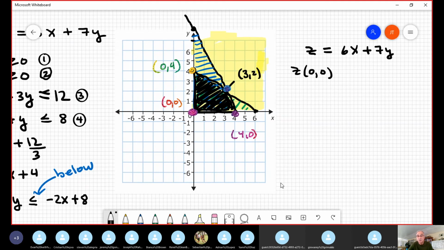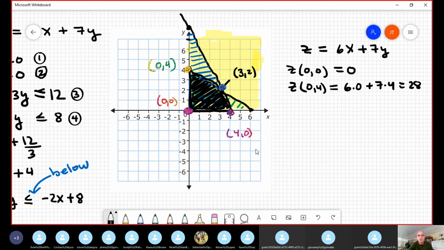It's obvious that it is 0, because x is 0, y is 0, multiplied by a number is 0, plus 0 is 0. Now move clockwise. That was the first one. The second is (0, 4). So 6 times 0 plus 7 times 4 is 28.